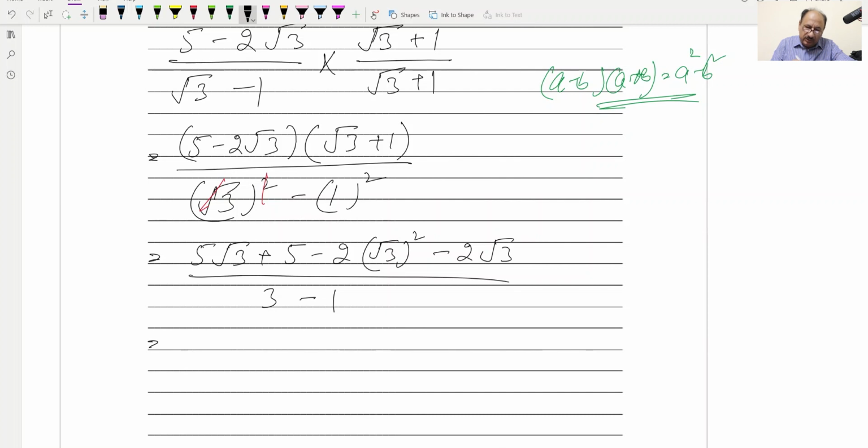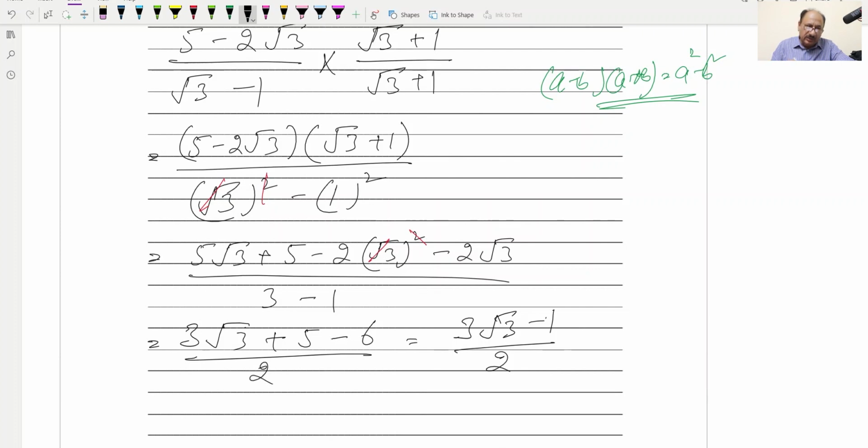Okay, so now we can rewrite it as 5 under root 3 and minus 2 under root 3 will simplify to 3 under root 3, and plus 5, and the square and root will cancel, and we will get 2 into 3 will be 6, minus 6, and this will be equal to 3 under root 3 minus 1 over 3 minus 1, which is 2.